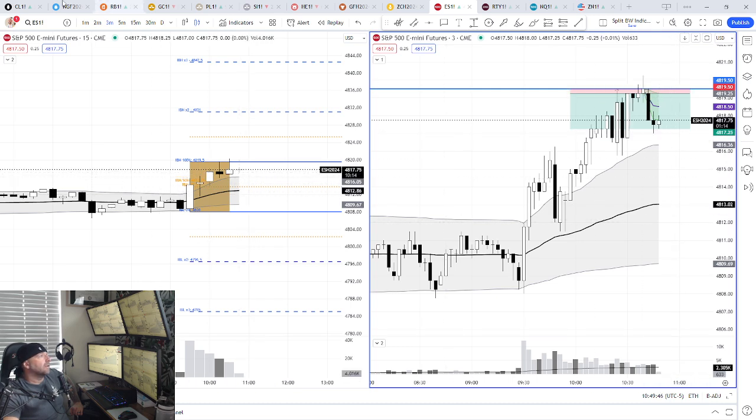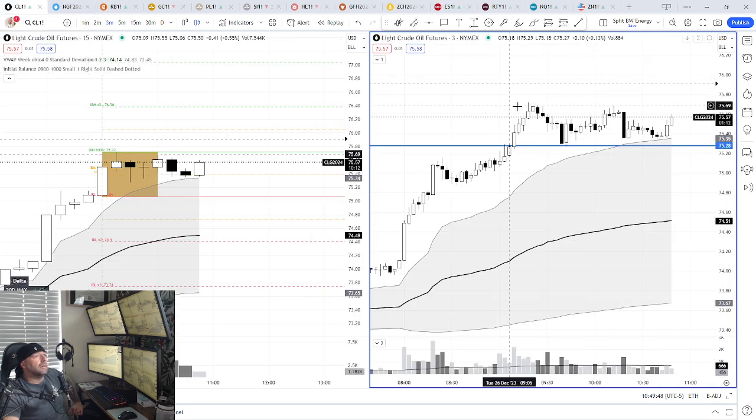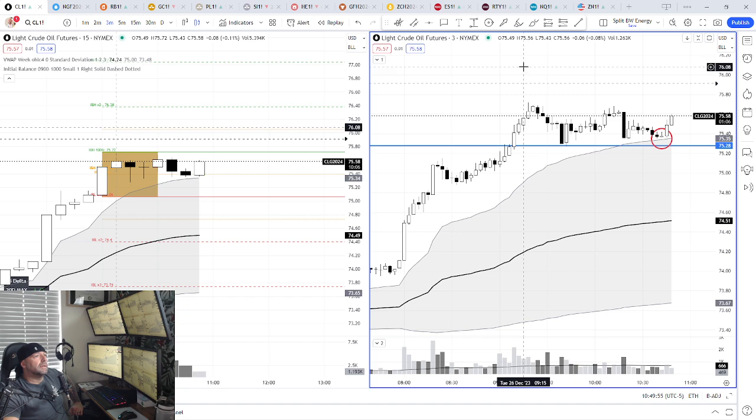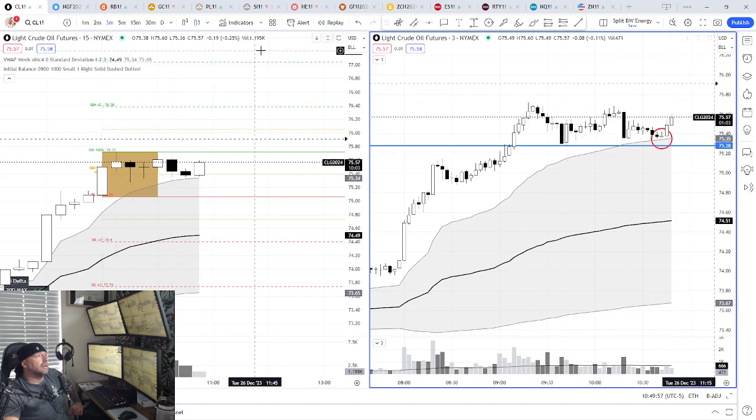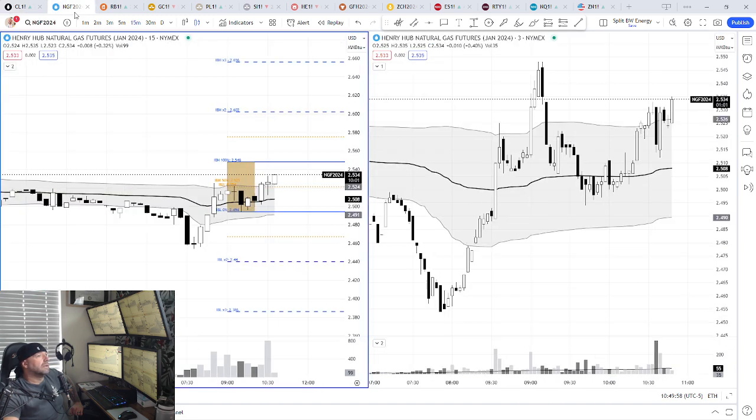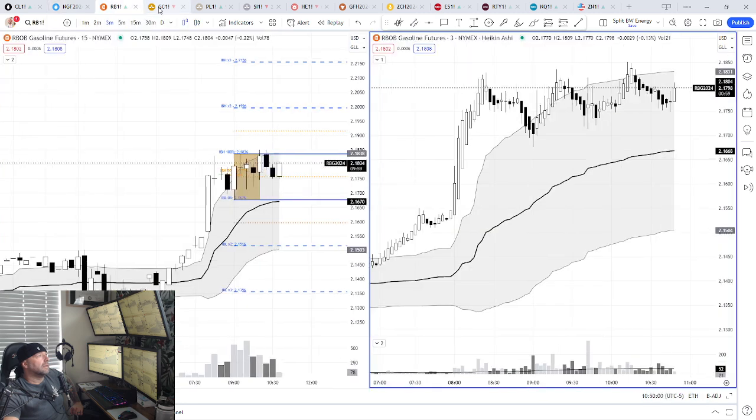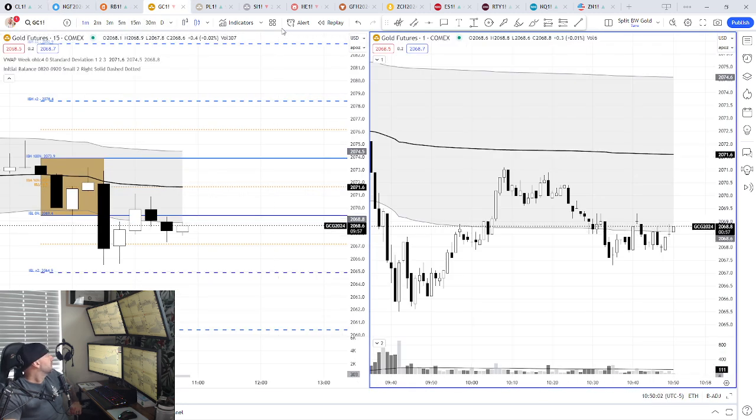1725. Oil found support. Look at that. Right here, value area high. Again, it's where I didn't want to short. All right, I got filled on my ES trade.